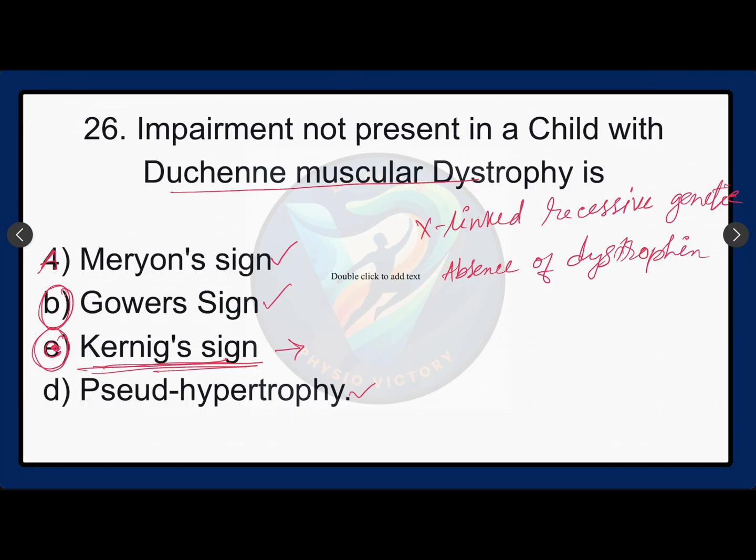Kernig sign is basically seen in meningitis due to meningeal irritation.